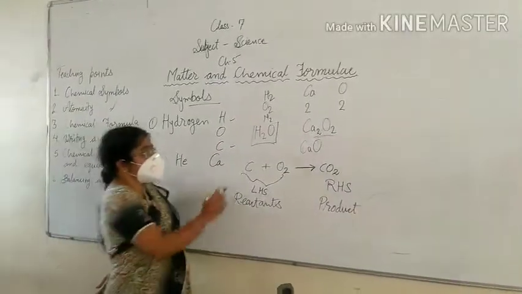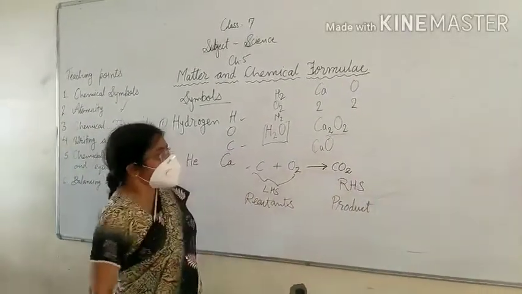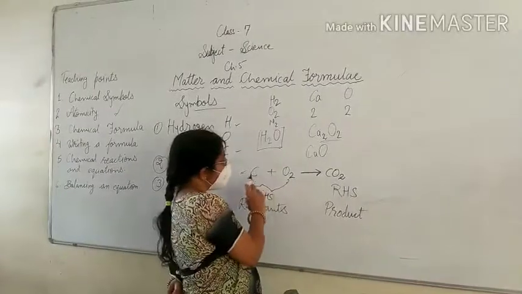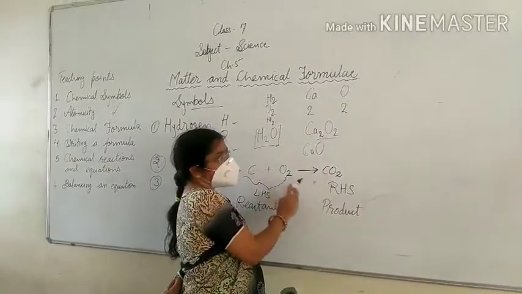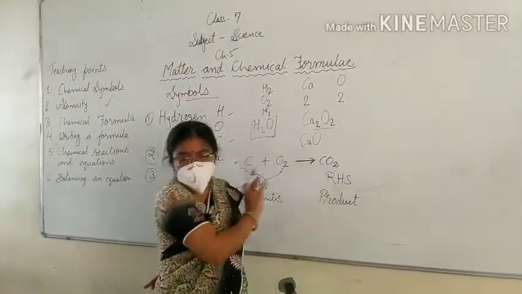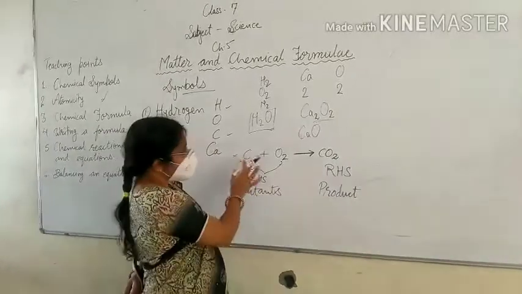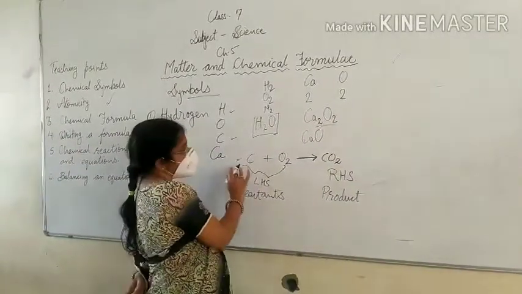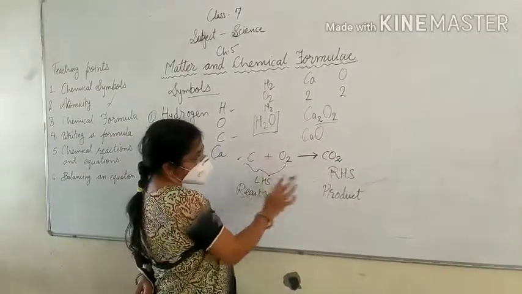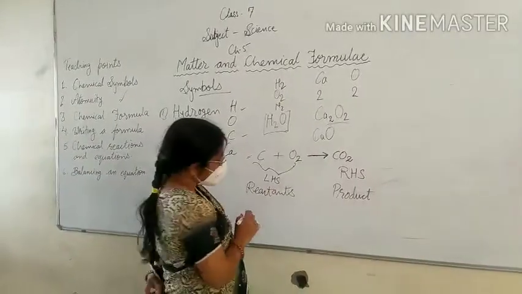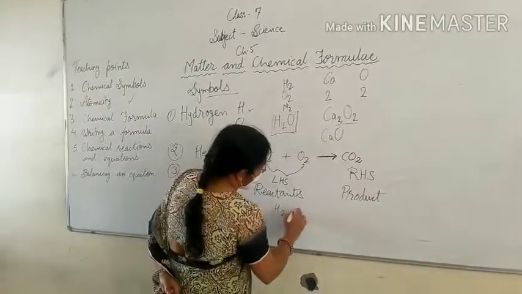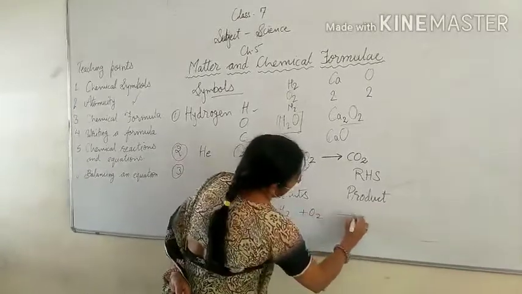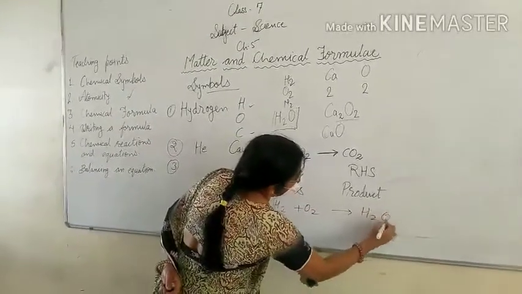Now, this is a chemical equation, but the number of atoms of each element should be equal on both sides. Though in this equation all atoms are equal on both sides, there can be another reaction like hydrogen plus oxygen giving rise to water.